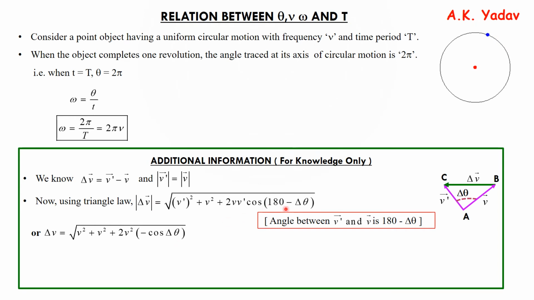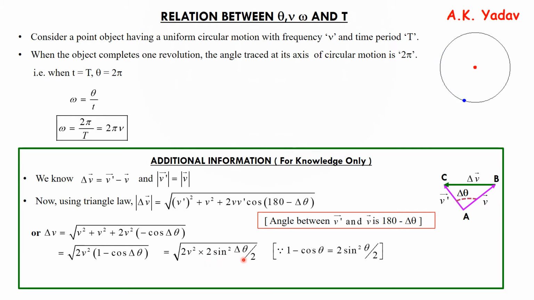Now cos(180 minus theta) is minus cos theta. So from this we get the square root of 2V square times (1 minus cos delta theta). Now 1 minus cos delta theta can be written as 2 sine square delta theta by 2, because 1 minus cos theta is 2 sine square theta by 2. From this we get delta V is equal to 2V sine delta theta by 2.